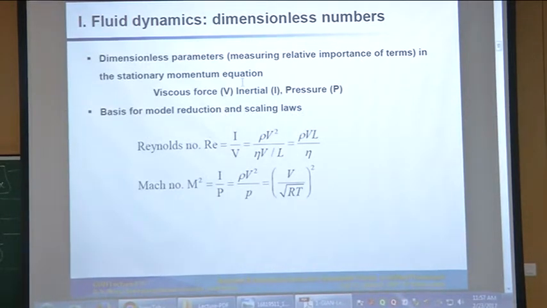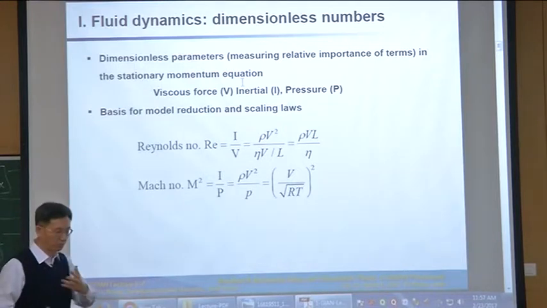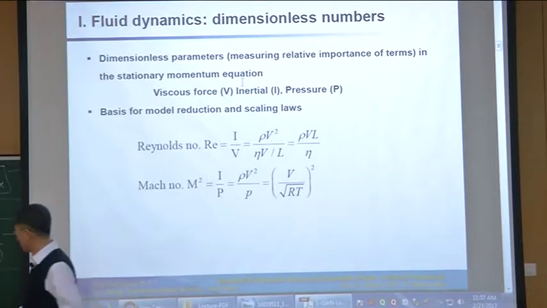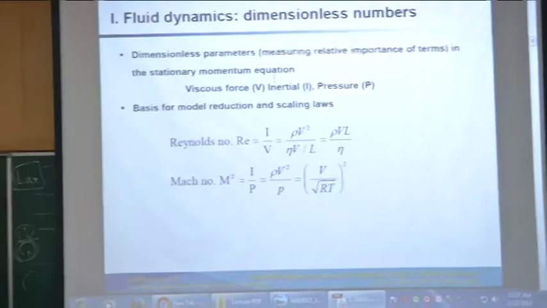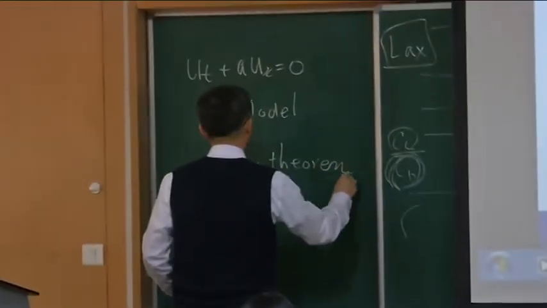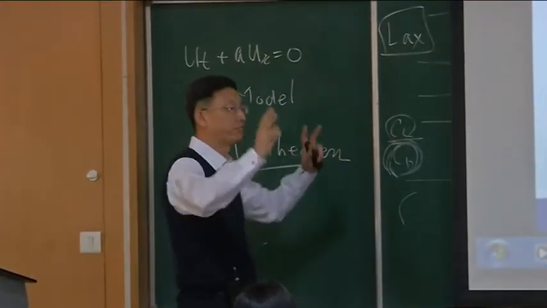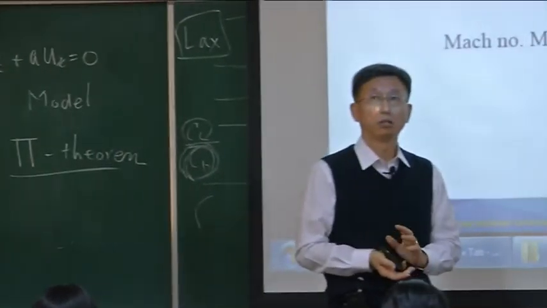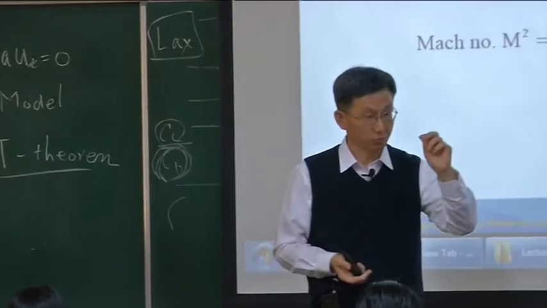Another one. In every fluid dynamics text, probably in second year, there's the pi theorem. Which means you have just several terms, in particular in the momentum equation, and the density conservation law has only two terms.